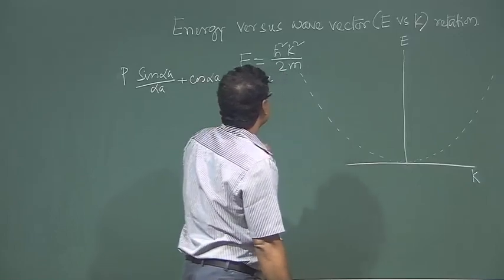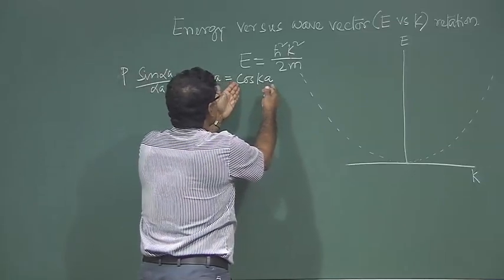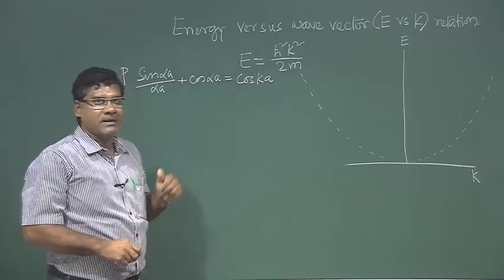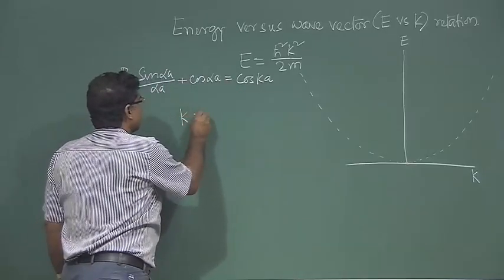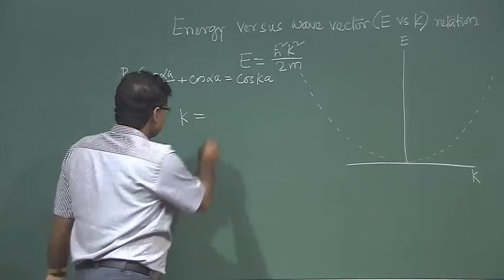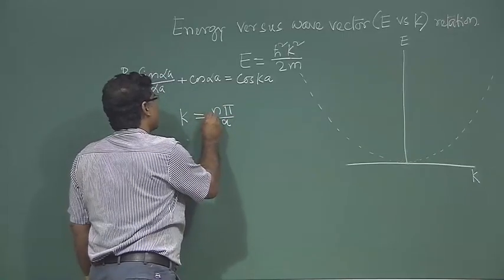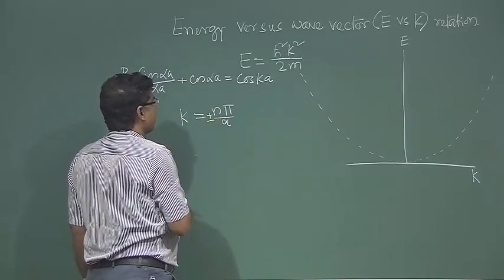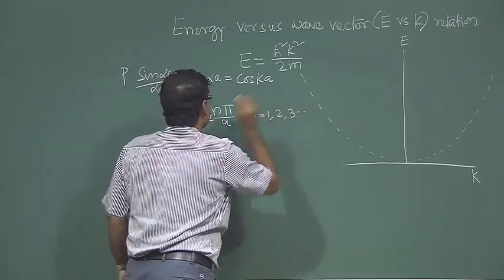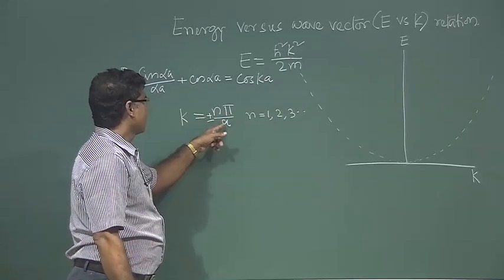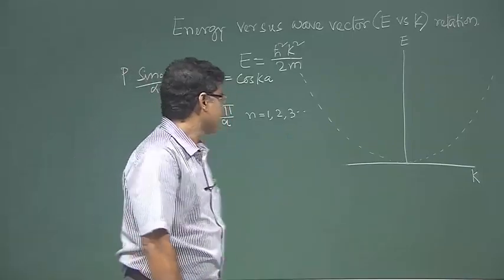Now here you can see that the right hand side maximum value can be plus minus 1. So, that means K can take value n pi by a, or plus minus n pi by a, where n equal to plus minus 1, plus minus 2, plus minus 3, etc.